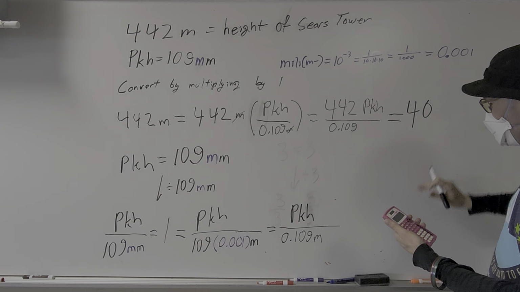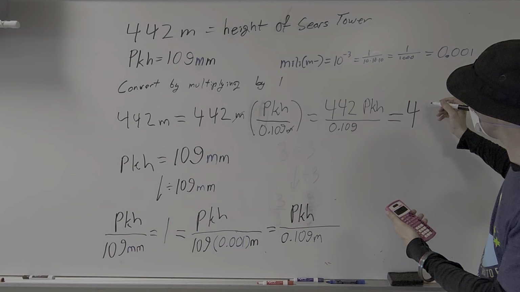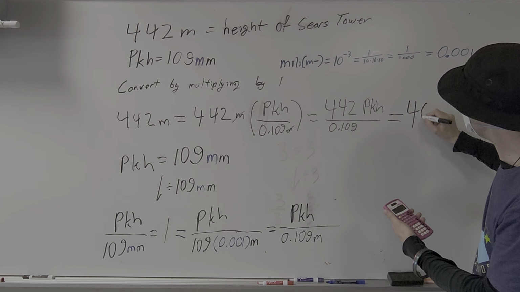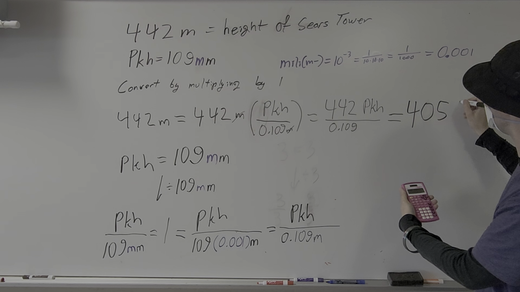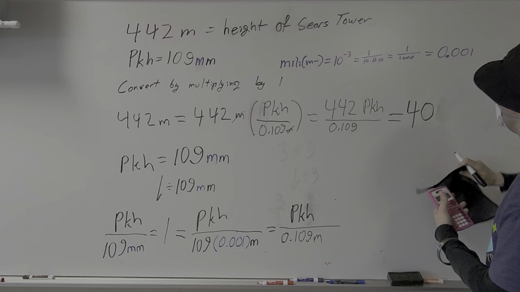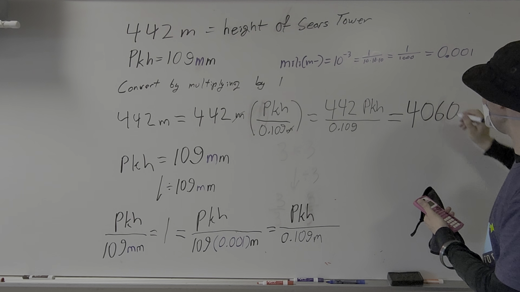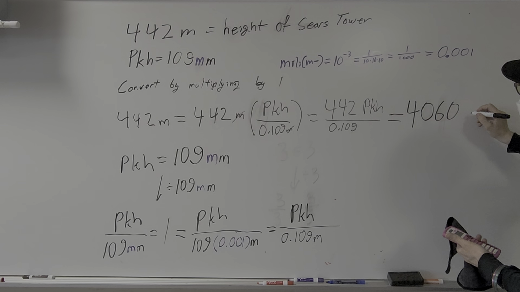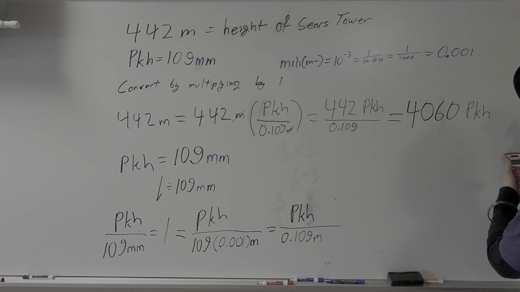4,055.0. But in this problem we're asked to have 3 significant figures, so I'm going to round this. 55 rounds up to 60, and that's percentile hands.